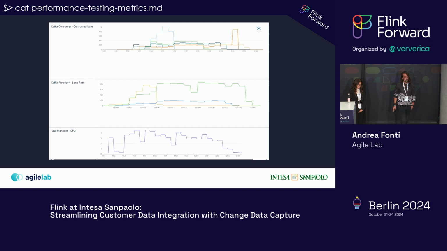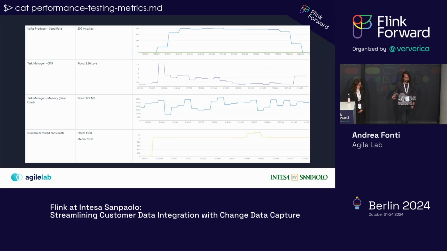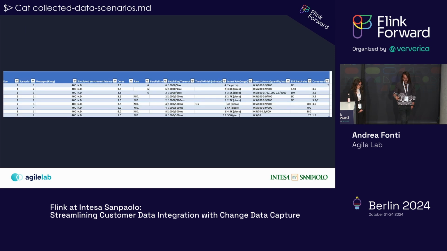Then we collect a lot of metrics, and we change parameters and see how things go. Then we record these parameters in a performance report, and next time we change a job, we can just compare. Are we worse? Are we better? Should we change configurations? Should we change parallelism? So there's more science here than feeling, let me say.